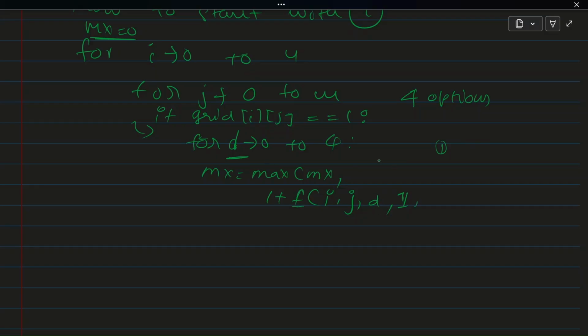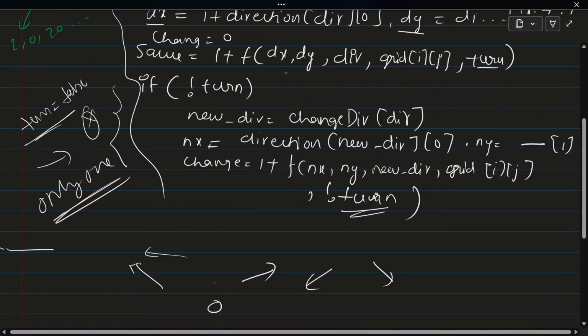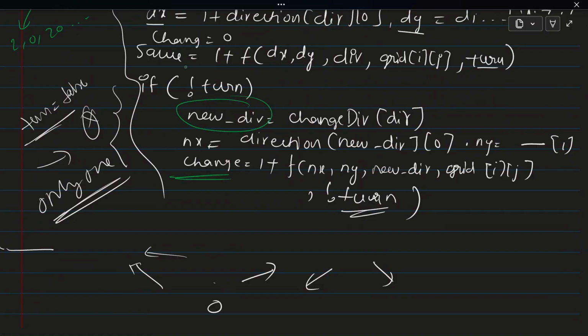Now what is the flag? We haven't made a turn yet, so our flag will currently be set to false, or let's write this as 0, and out of this we return the answer. Here, after we calculate the new direction, that is change direction and same direction, what we need to return? We return the maximum of change and same direction.